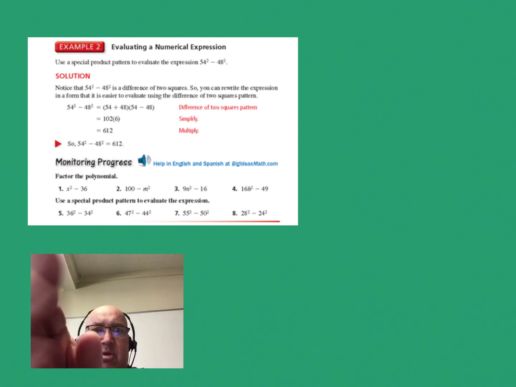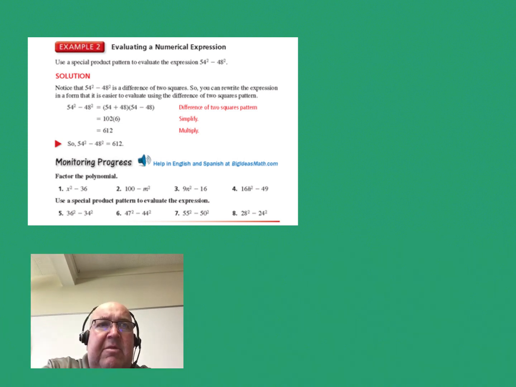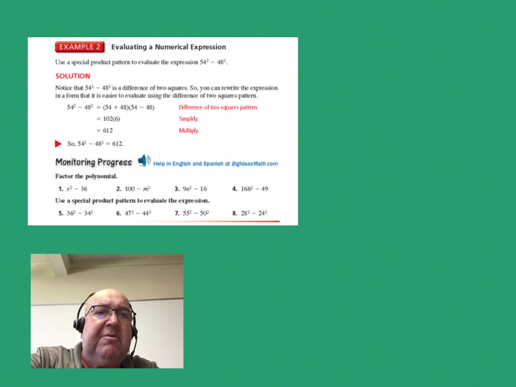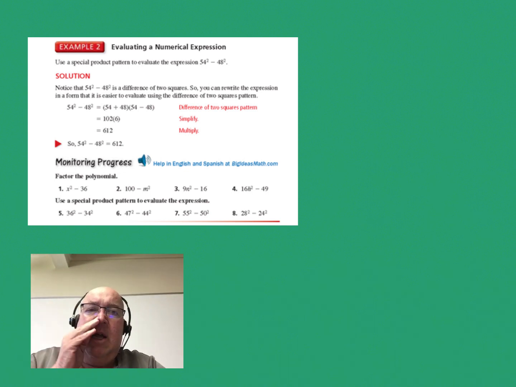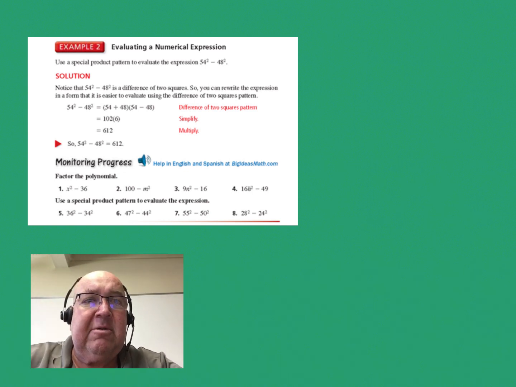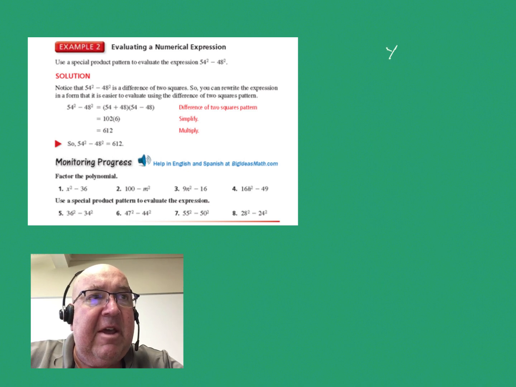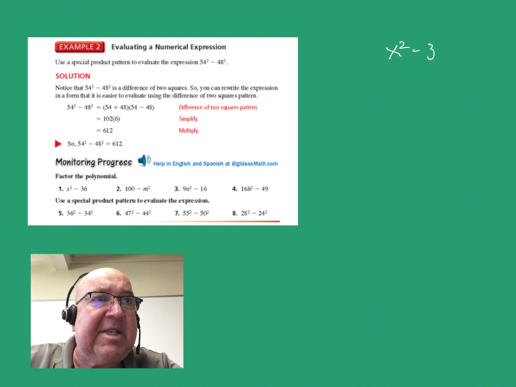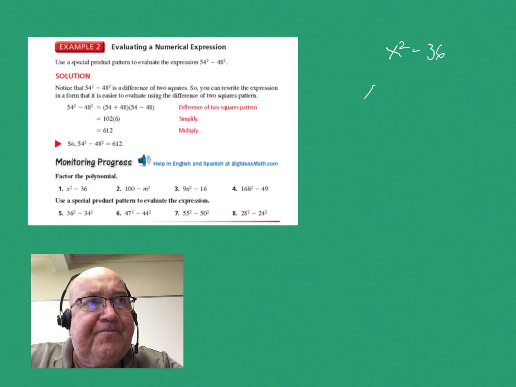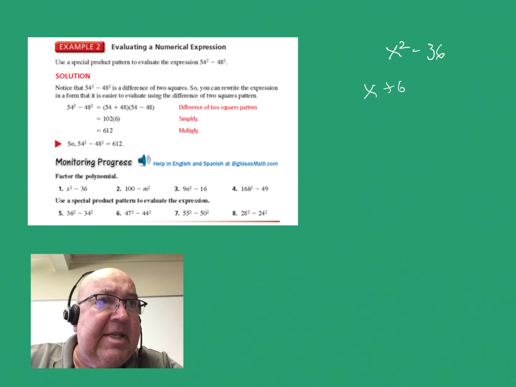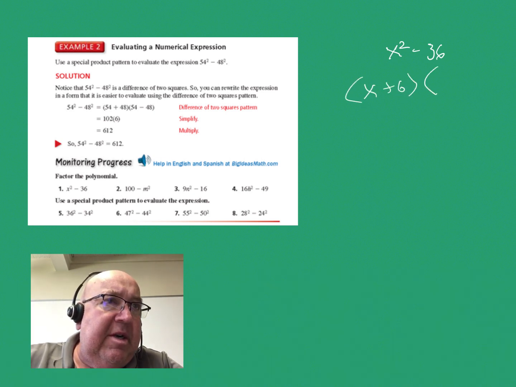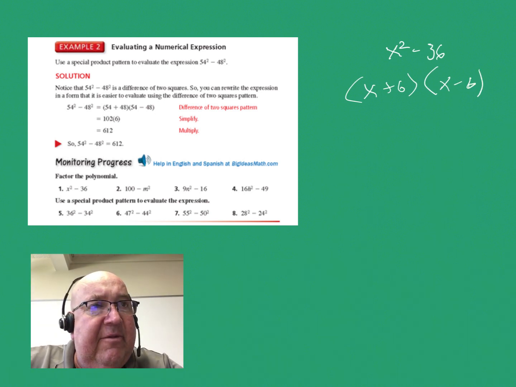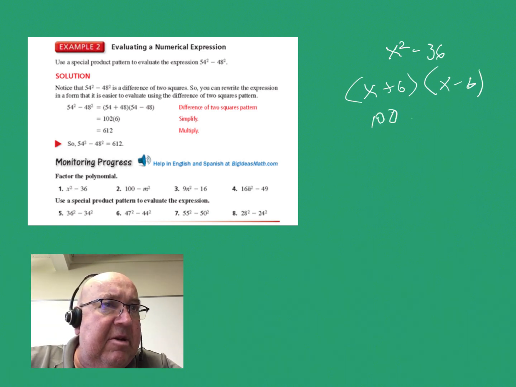So we have a group of extra problems here, and then we have some numerical expressions that we can do in the same way, using the same pattern. So starting with number 1, we have x squared minus 36. That's x plus 6, x minus 6. We have 100 minus m squared.